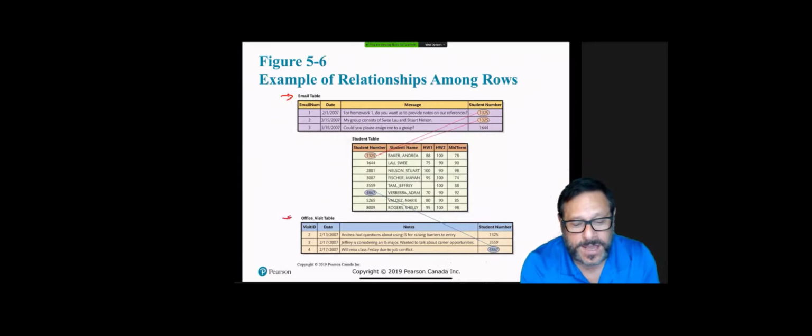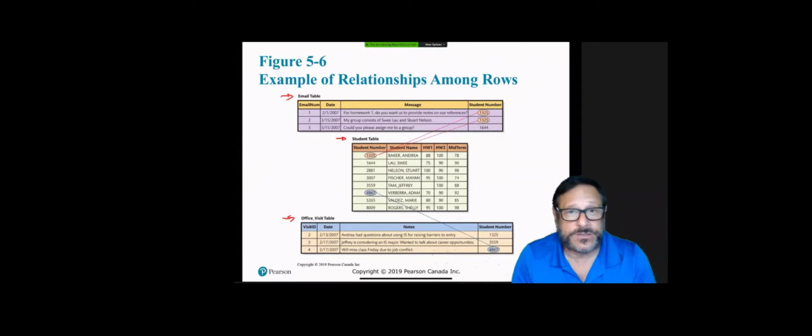Another lists all of the office visits I have from students. And a third independent table contains all of the data on my students. All of these reside in a single database, and this is a relational database because there's a relationship created between these 3 individual isolated tables, and this is done through a primary key, foreign key matchup.